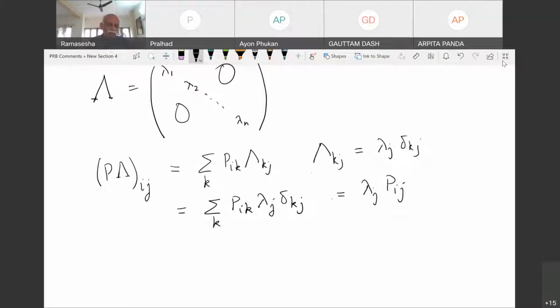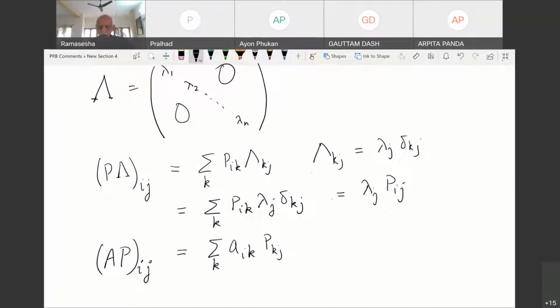Now let me see what I will get if I look at APij. Okay, so I'll look at another matrix product AP, and I look at the ij matrix element. Okay, so this is equal to sigma over k aik pkj, right?